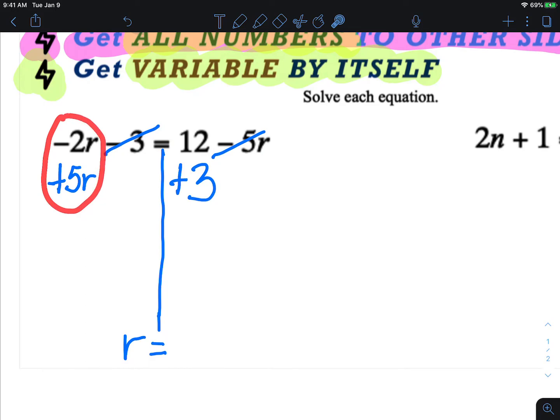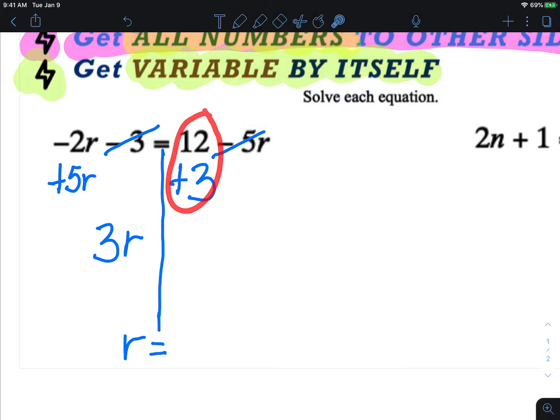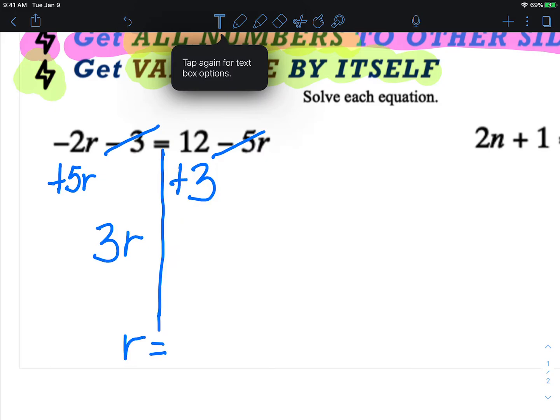They are not. 2 is a negative, 5 is a positive, so I'm going to subtract. 5 take away 2 is 3, so 3R. And what kind of 3? Positive 3, because 5 is bigger and 5 is positive. Now on this side, I have 12 plus 3, which is 15.